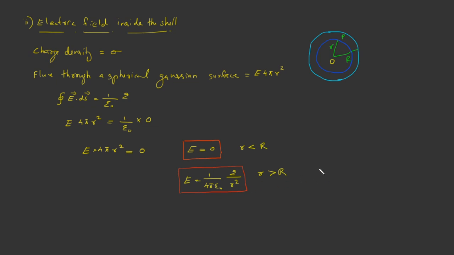Or we can write this equation as E is proportional to 1 by r square outside the shell. That is, E is inversely proportional to the square of the radius vector from the center if the point is outside the shell. So we found the electric field due to a uniformly charged thin spherical shell.